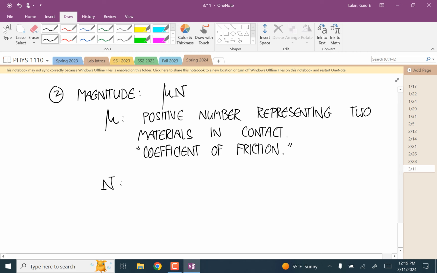And N is the normal force pushing the surfaces together, or pushing the materials together.